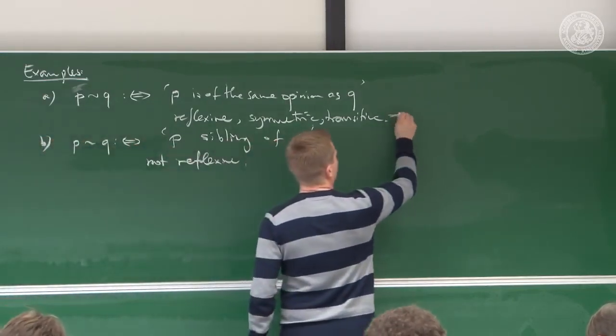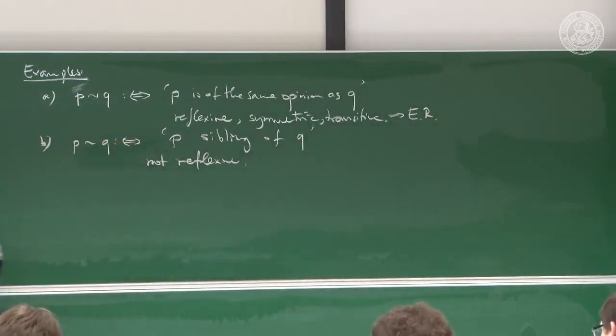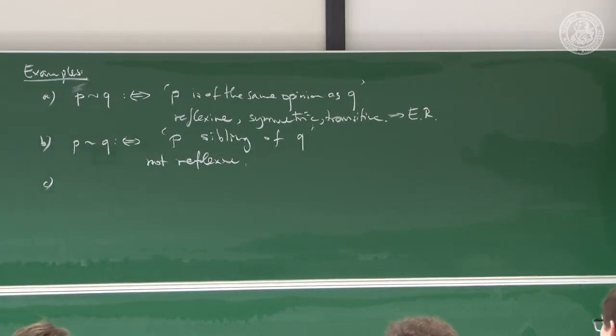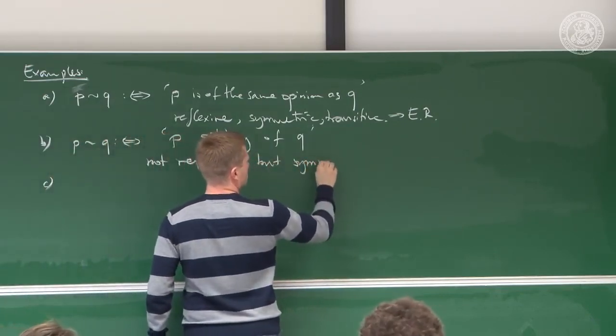So here it is an equivalence relation. This is not an equivalence relation. p is the sibling of q. It would be symmetric, though.